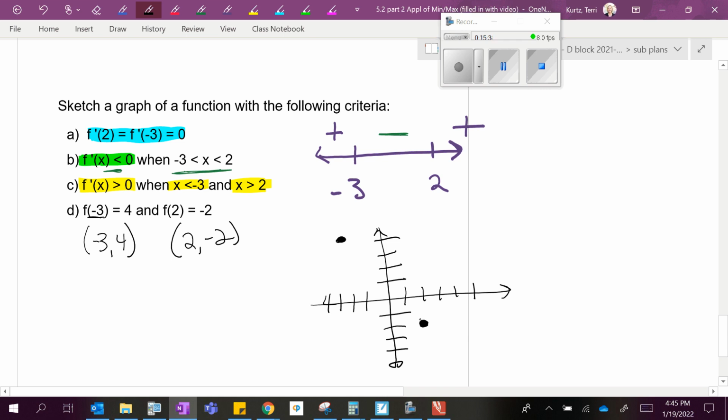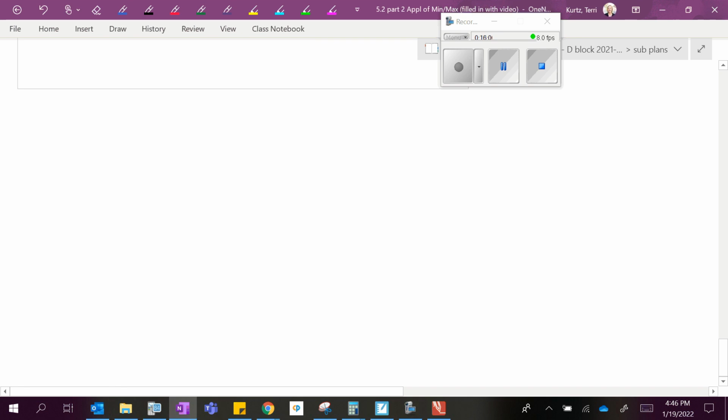And we can use our number line up here to connect the dots. So we know we are increasing until we get to -3, decreasing between -3 and 2, and increasing from 2 to infinity. Okay, kind of fun, maybe. I don't know if y'all think it's fun or not, but all right. And actually, I guess that's it.